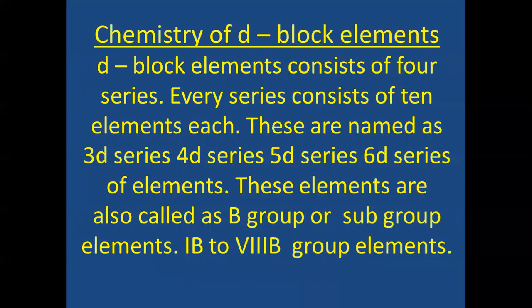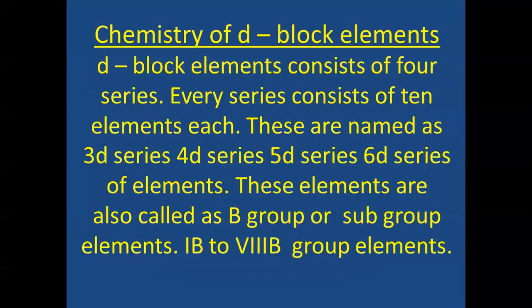Similarly, we have D block elements. Generally, these elements are also called as D group elements. Again, they are divided into 8 groups, 8 D groups, starting from first D group to 8th D group. Here, these elements are also divided into series.